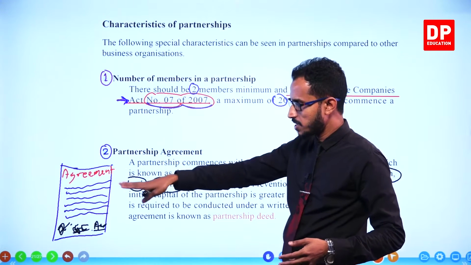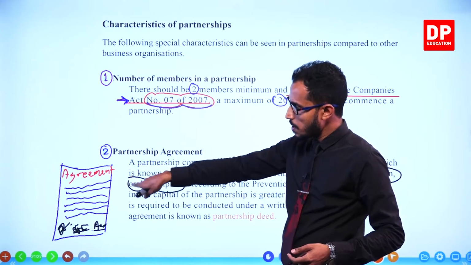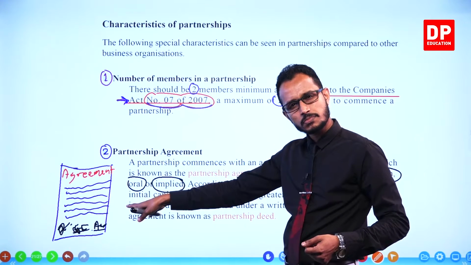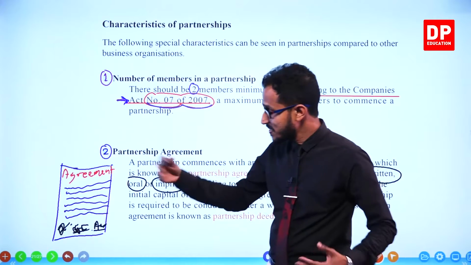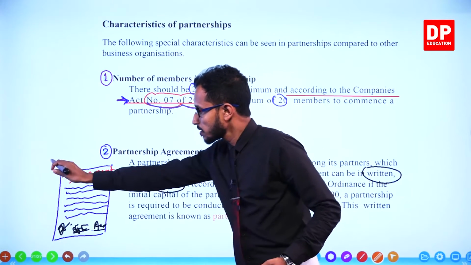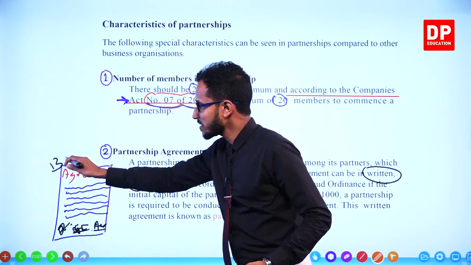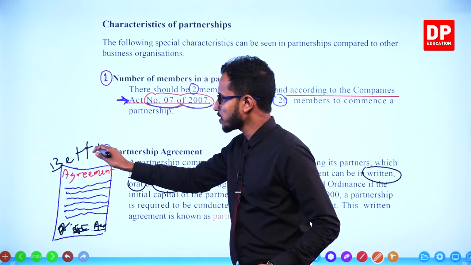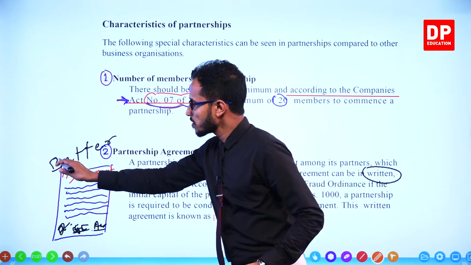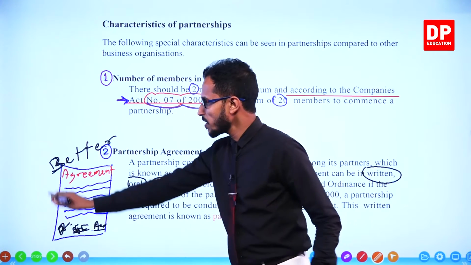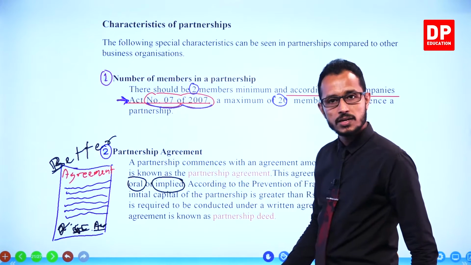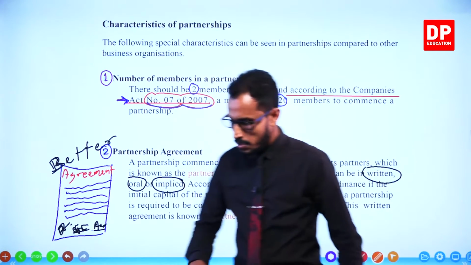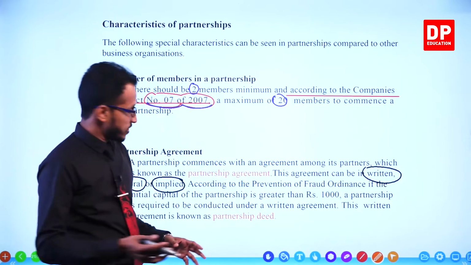And all the terms and conditions about the partnership are written in this document. It's better to have a written agreement, because it's better to have everything in writing, right? Okay, let's go through what it says.